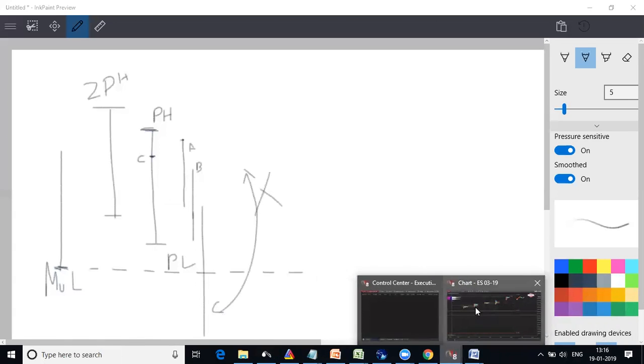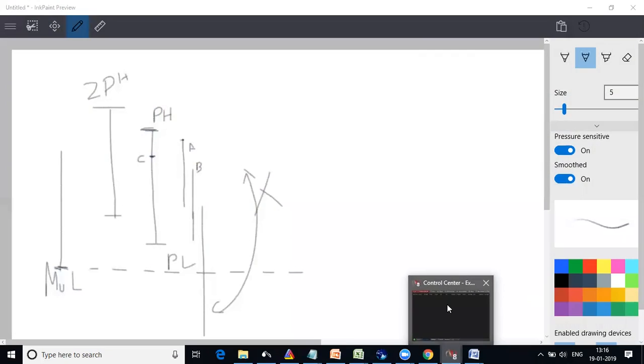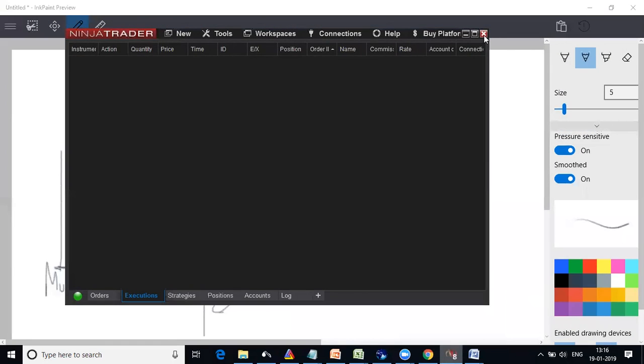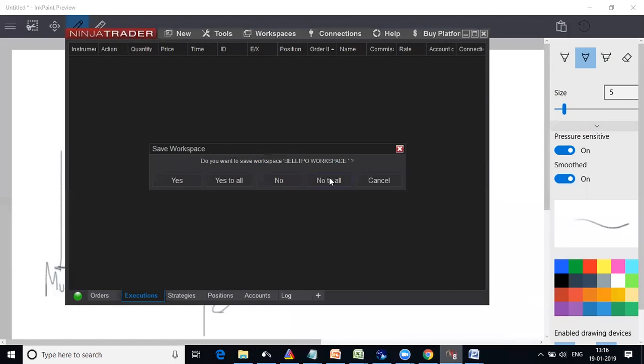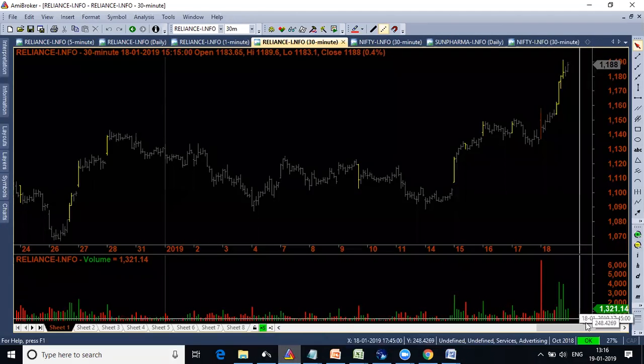It once happened in Bank Nifty, I think. Let me check if I'm able to get the charts. Somewhere in December it happened. We'll show you in the Nifty charts.